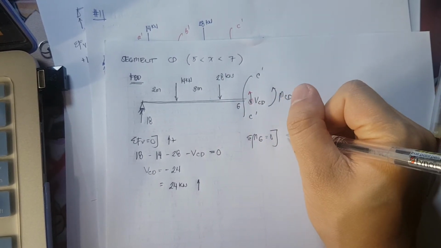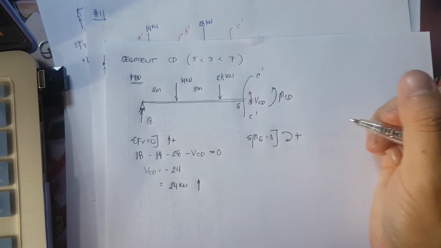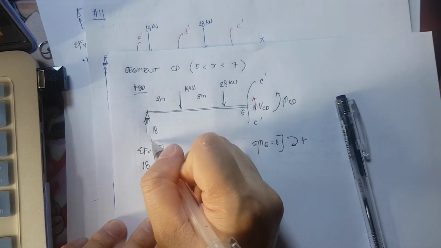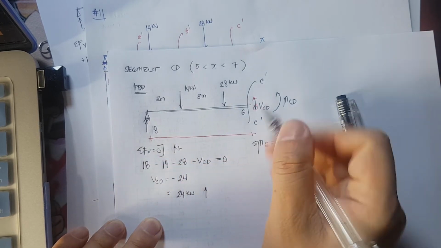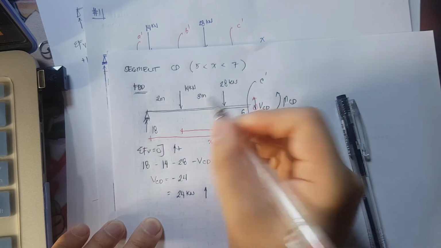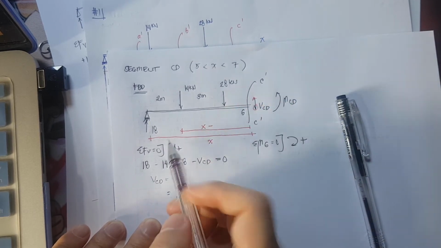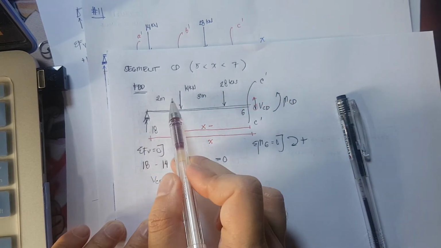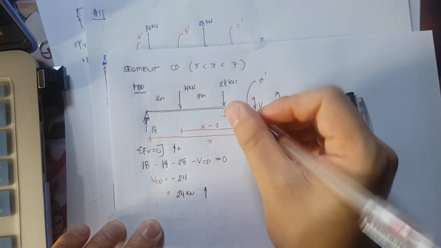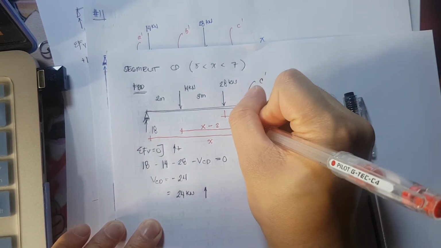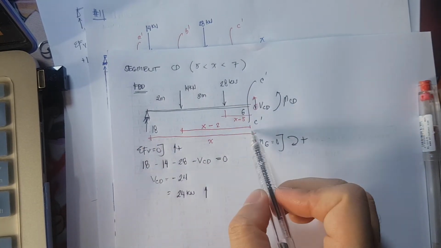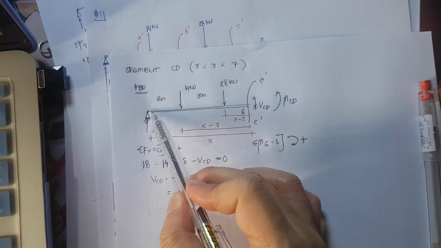All forces that are rotating clockwise should be positive. So, for the positive, take note, our lever arm, still this is x. This is distance x. Then this point is x minus 2. This is a distance of 2. Then for this one, it is x minus 5. Okay? Because this is still distance x minus 5.